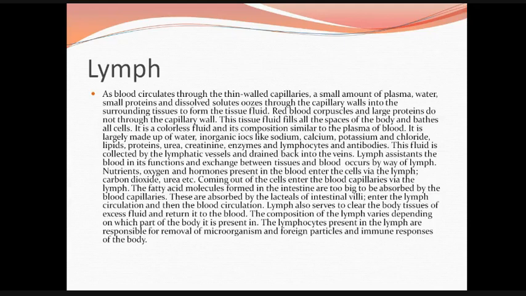So this tissue fluid will fill all the spaces of the body, and this tissue fluid will touch all the cells. That means all the cells will be bathed inside the tissue fluid. Now this tissue fluid is colorless. Why? Because it does not have the respiratory pigment.